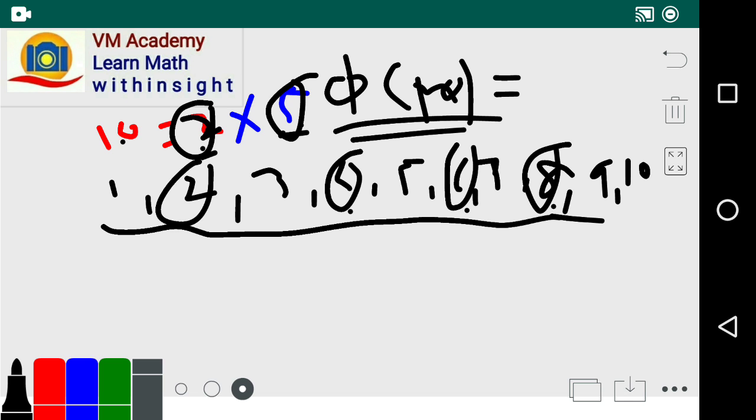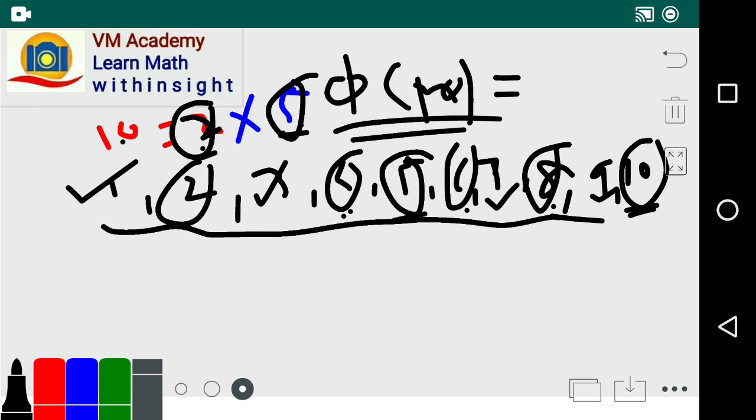Similarly, all multiples of 5 also share at least one prime factor with 10, that is 5. So they are also not co-prime to 10. Now there are remaining 4 numbers, friends: 1, 3, 7, 9.